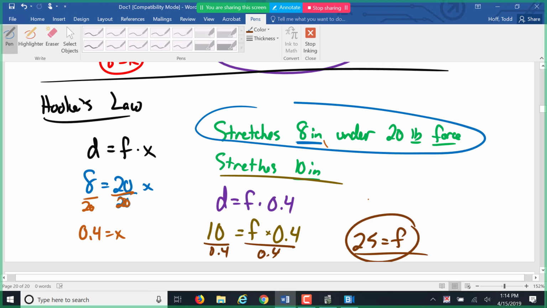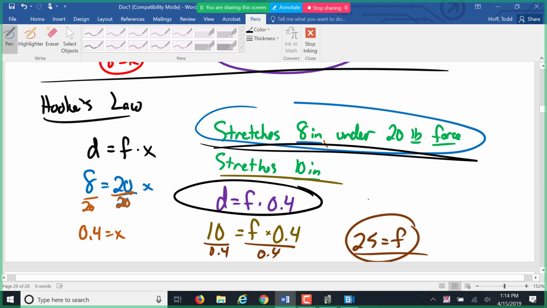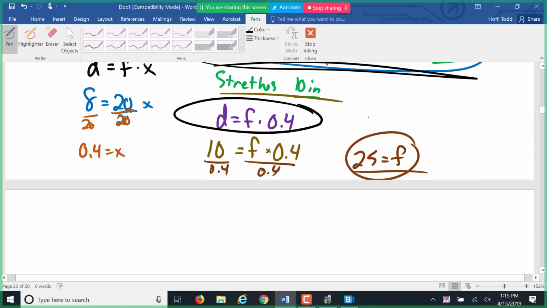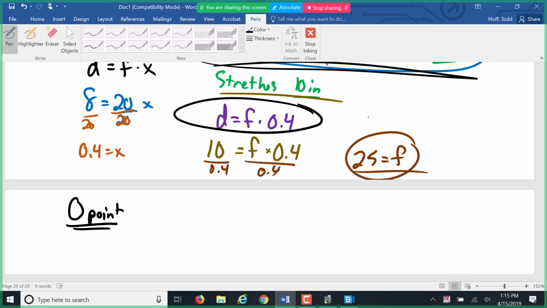So you can see here, if we know it's a direct relationship, we can take a set of initial conditions and use it to create the formula. Now there's one thing that, of course, is required here, and that is a 0 point. In both of these examples, we knew that both variables were 0 at the same time.